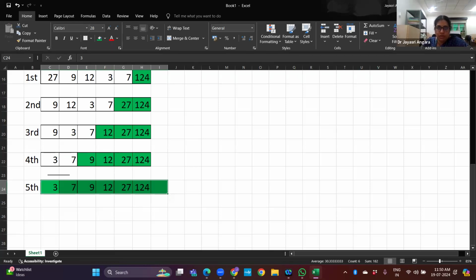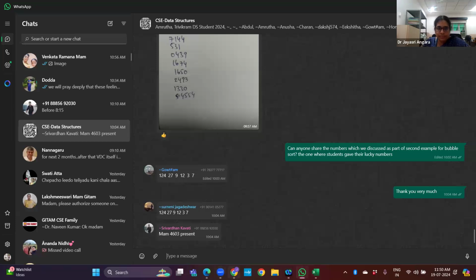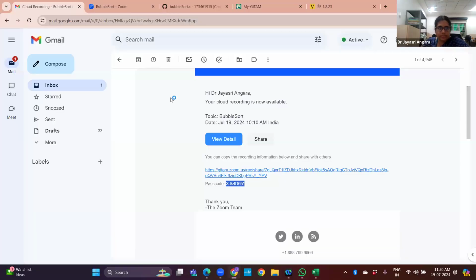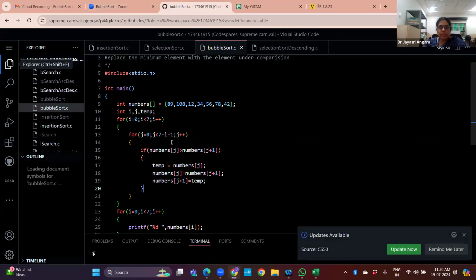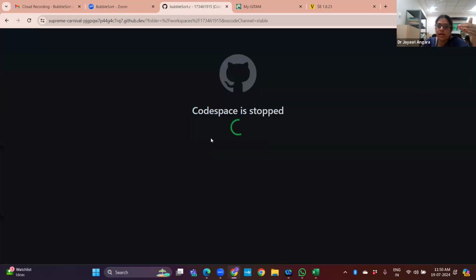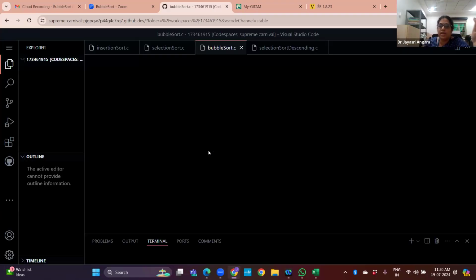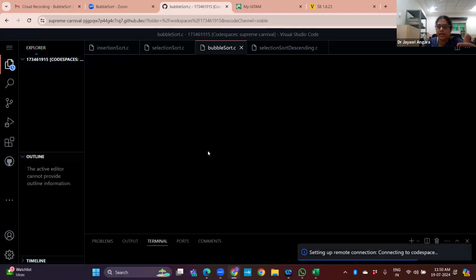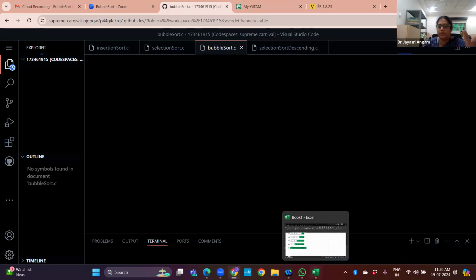Let us try to see the code part of it as well. When we see the code, i goes from 0 to 7. Here I mentioned 7 because I took a static array. If you are taking n elements, then you have to say i less than n. That is the logic that we need to use.